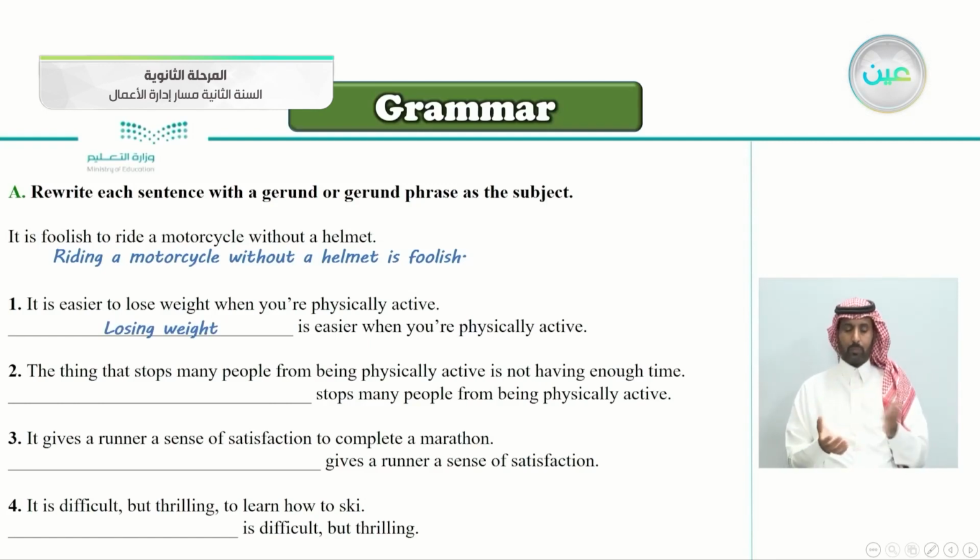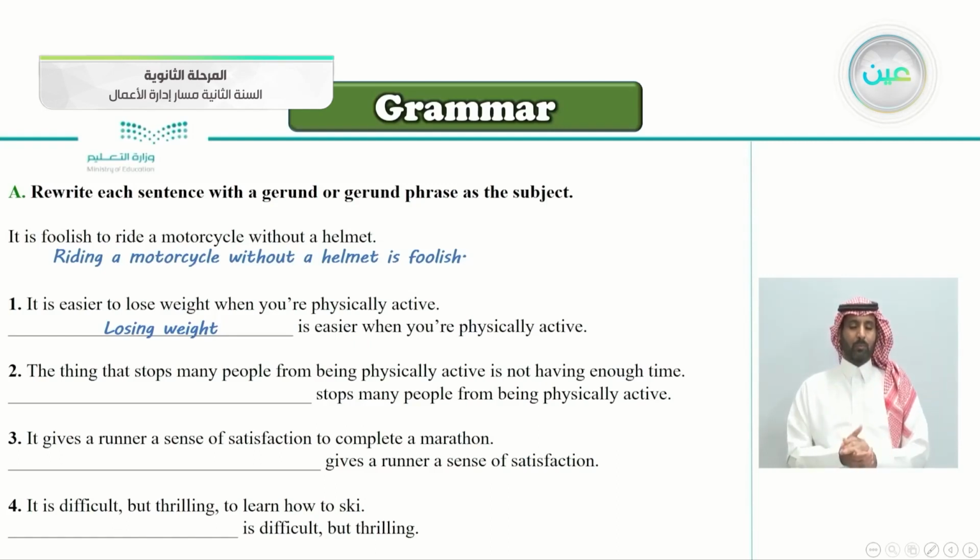Number two, the thing that stops many people from being physically active is not having enough time. So what stops people from being physically active is that they don't have enough time. So the answer will be, you have to write a gerund here and then continue with stops many people from being physically active.